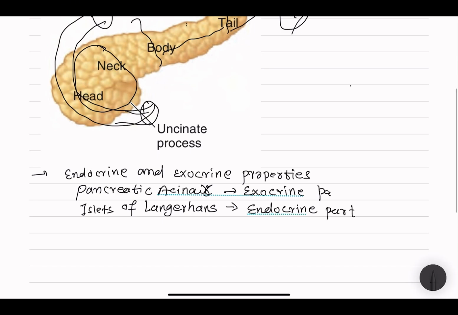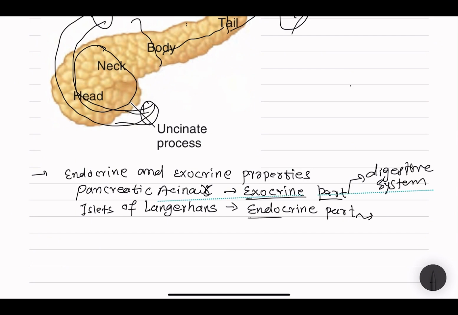So the acinar part, the exocrine part, mainly serves our digestive system. And this endocrine part helps in metabolism and the production of insulin, so it helps in the control of our endocrine system.